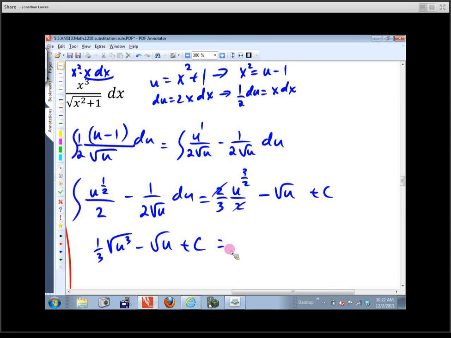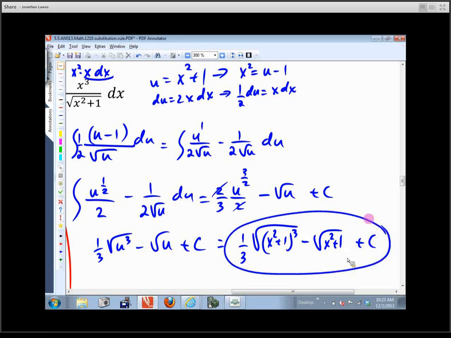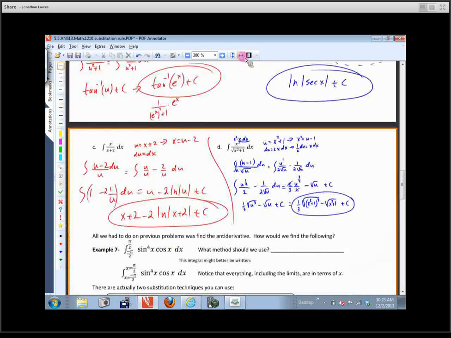We're going to reverse the substitution, so wherever there is a u, I'm going to put an x squared plus 1. So this is going to be 1/3 square root of x squared plus 1 cubed, and then minus square root x squared plus 1, and then plus c. Any questions?